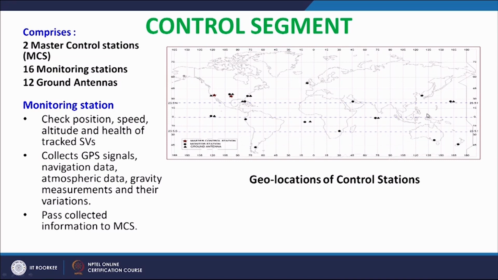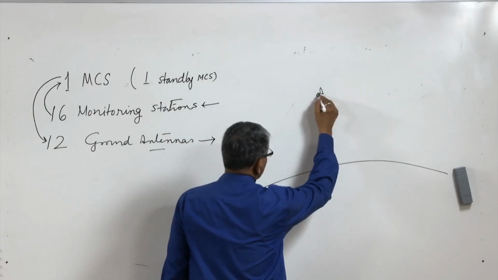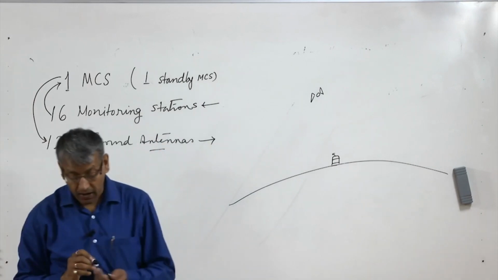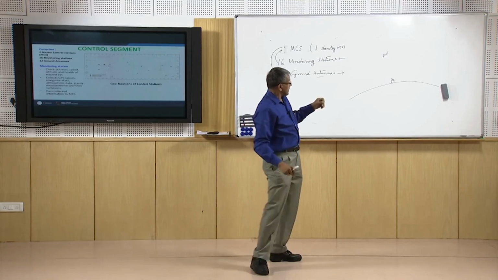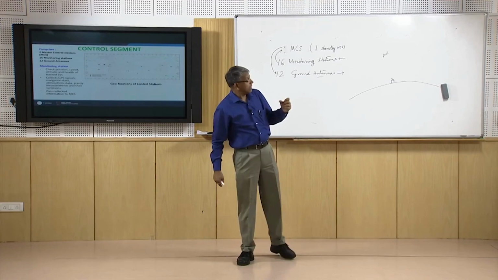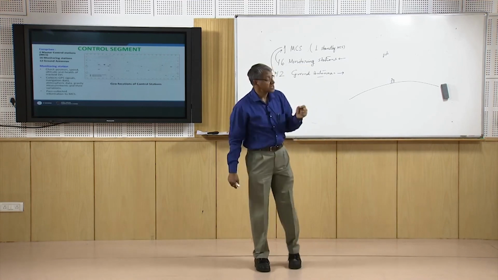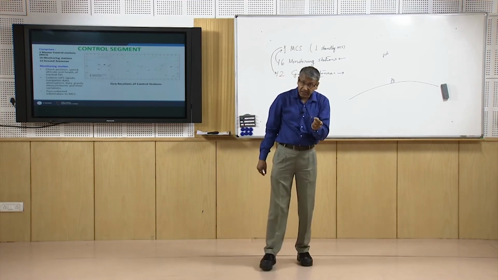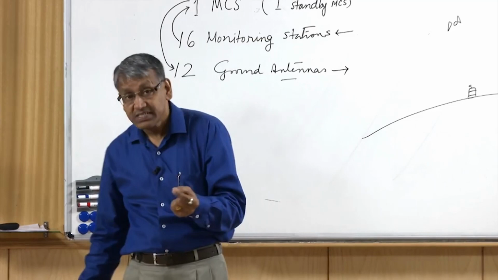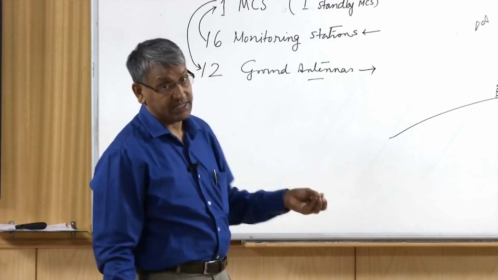Now, what happens at the monitoring stations is that whenever a satellite passes over a monitoring station, the receiver at the monitoring station captures the data broadcast by the satellite, and from that data it calculates the position of the satellite, the velocity of the satellite, the altitude of the satellite, and the health of the satellite, and from those measurements it finds out the condition of the satellite.